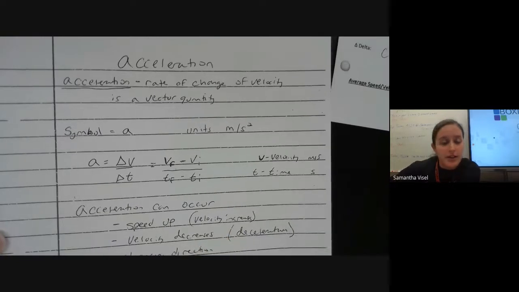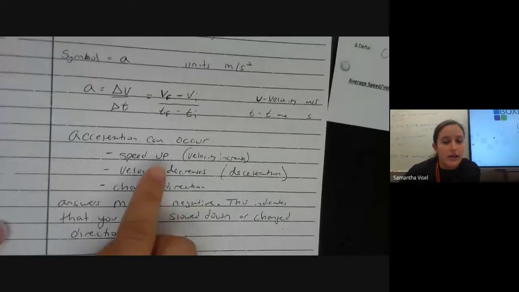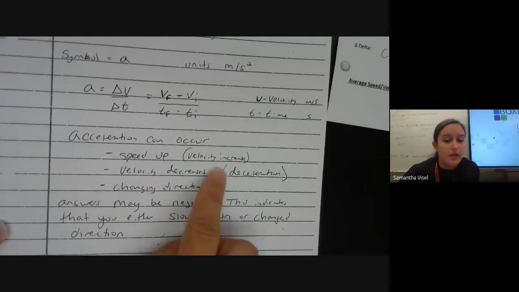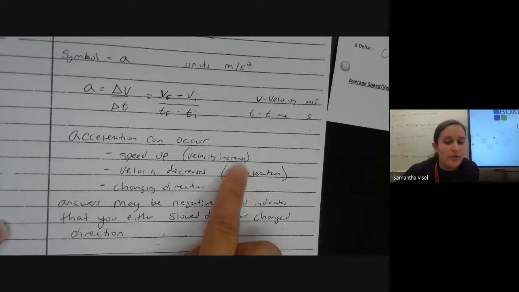So acceleration is any change in velocity. That means you can accelerate if you speed up, if you increase your velocity, and you can accelerate if you decrease your velocity. We generally distinguish that from speeding up with the term deceleration, to show that we're slowing down.